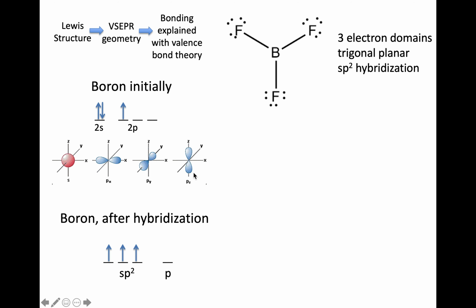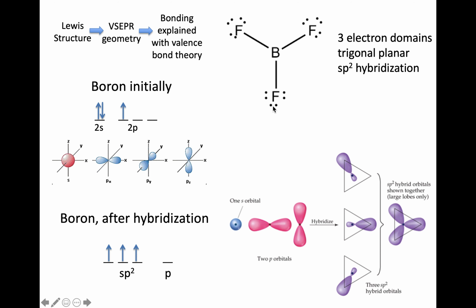I know that I'm going to take it to sp2, so I'm going to make 3 sp2 hybridized orbitals. I've got a total of 1, 2, 3 electrons to put in there. Excellent. These will now describe the 3 different sigma bonds that I can form, and they are in the correct trigonal planar geometry. How do I know they're in a trigonal planar geometry? Because that's what sp2 leads to.